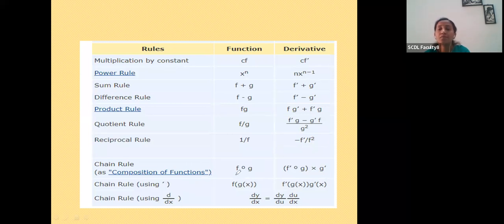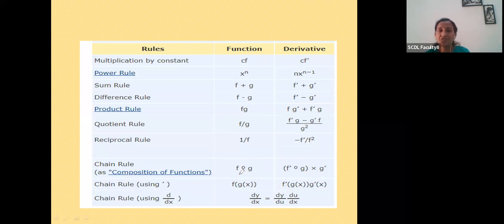Chain rule. Here in the chain rule we are using composition of functions. The small circle is the operator of composition, so f composition g. We have to find the derivative of this composition.